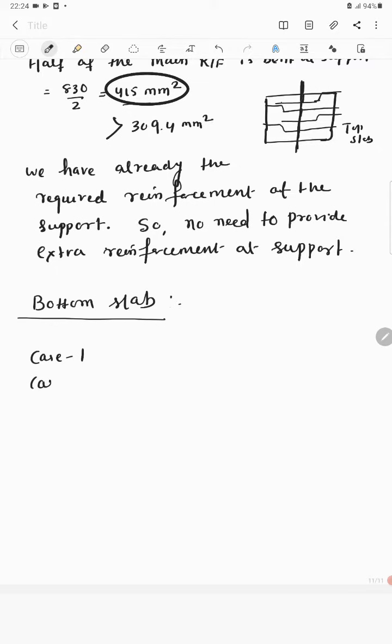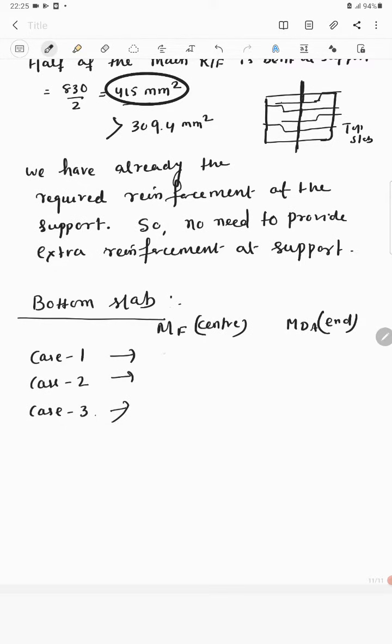Case 1, case 2, case 3. This is the bending moment at F, that is at the center, and another at the end at point D. So what is the calculated bending moment?